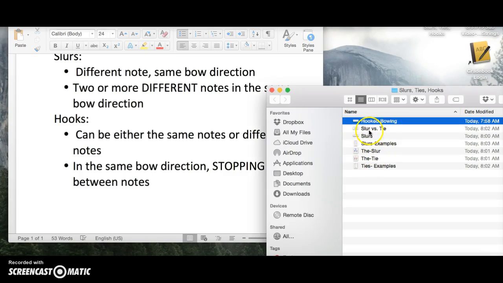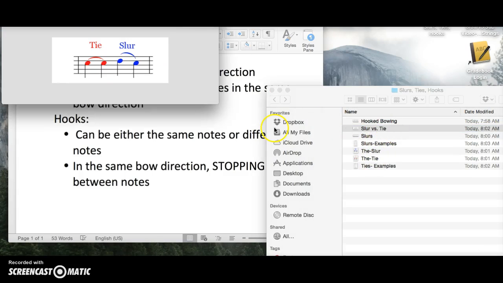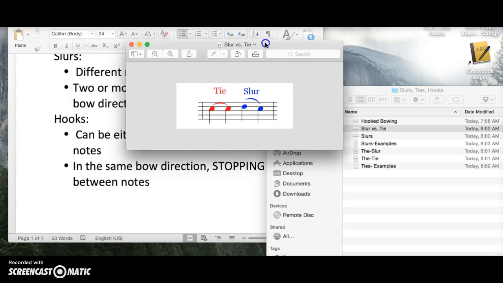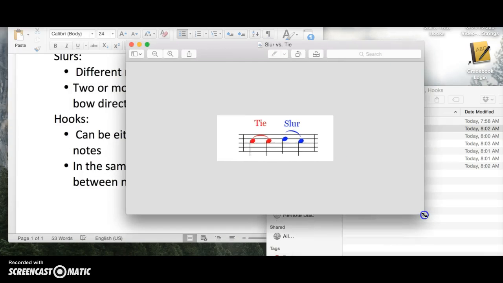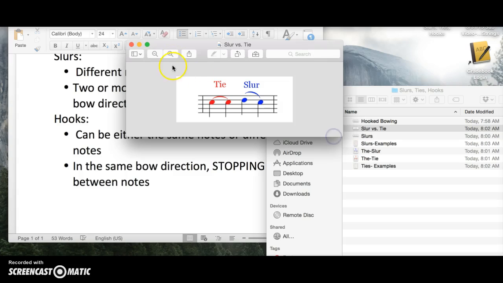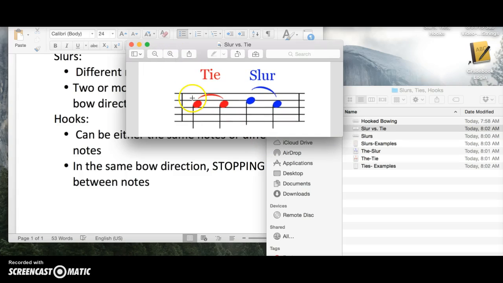So just in case you're a little confused about slurs and ties, here's a picture of them right up against each other so you can really see. There we go. You can really see ties, same note, slurs, different note. Now we could make both of these hooks simply by adding those dots above here.